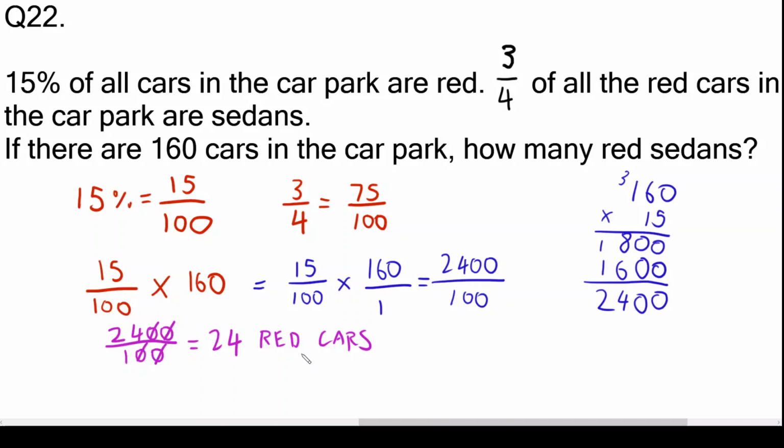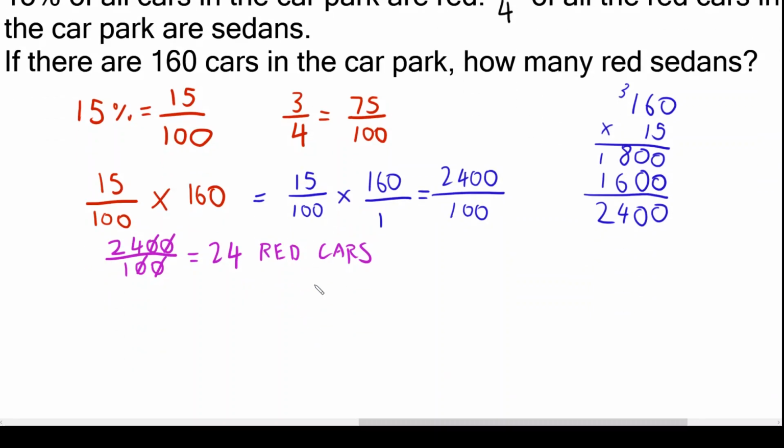3/4 of all the red cars in the car park are sedans. Okay. So next step, it's going to be 3 over 4 times 24. And write that 3 over 4 times 24 over 1. 3 times 24, that's going to be, let's have a look at that.